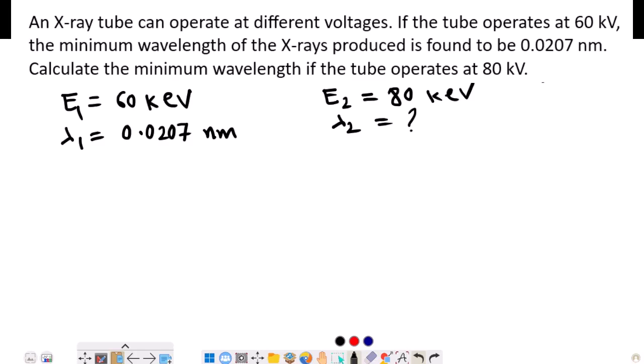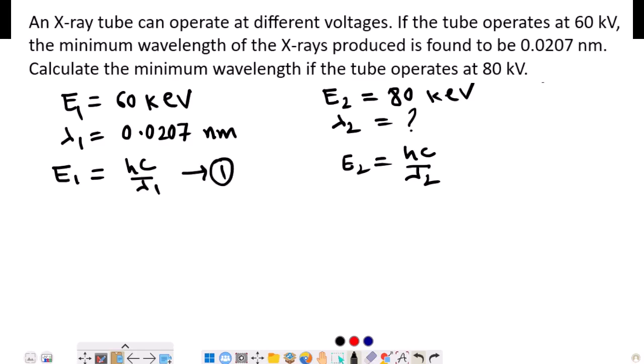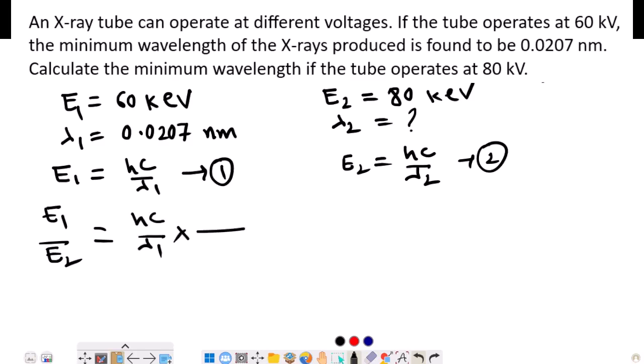Now we know that energy E is equal to hc by lambda. So E1 is equal to hc divided by lambda 1, and E2 is equal to hc by lambda 2. Let's say this is equation 1 and this is equation 2. Now divide 1 by 2, that is E1 by E2, equal to hc by lambda 1 divided by hc by lambda 2.